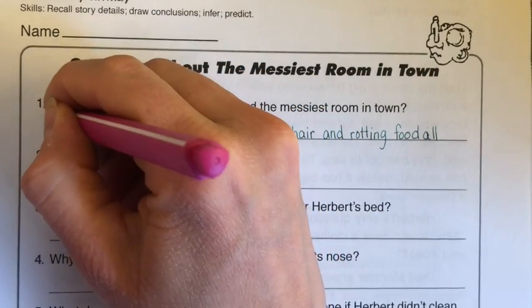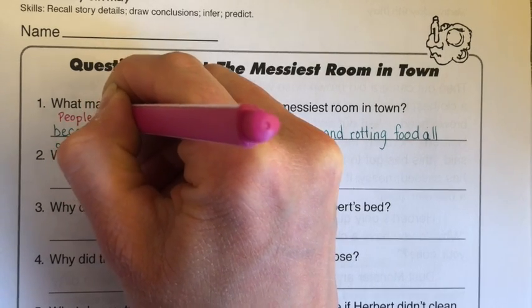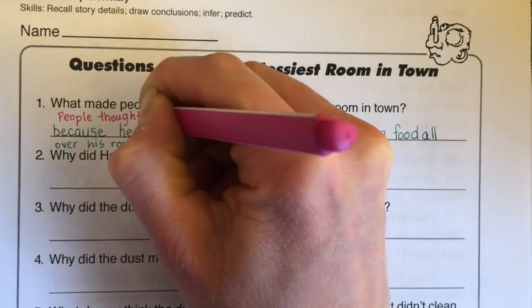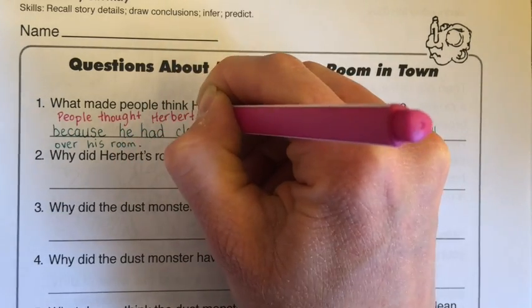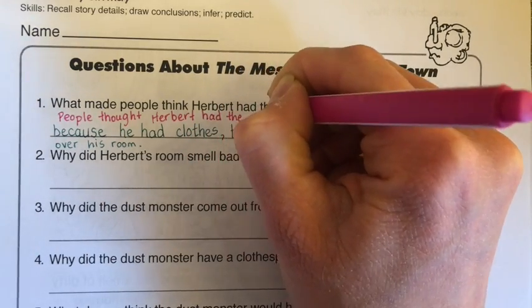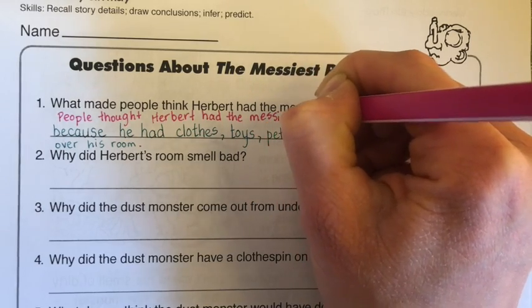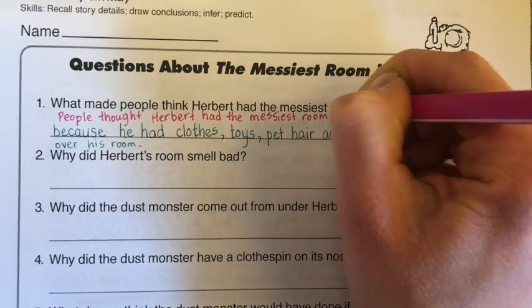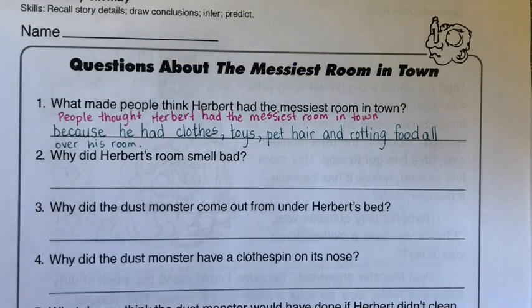I would write, people thought Herbert had the messiest room in town because he had clothes, toys, pet hair, and rotting food all over.